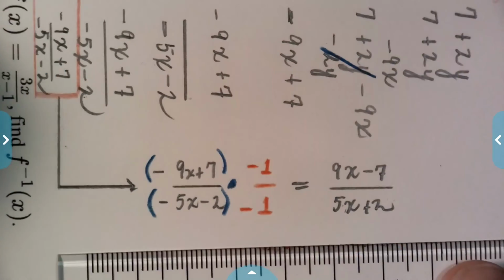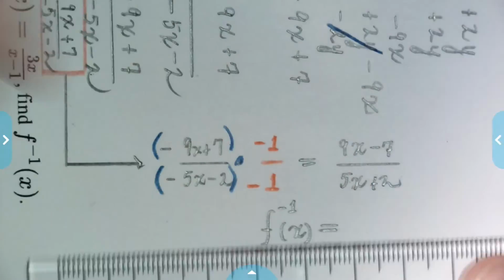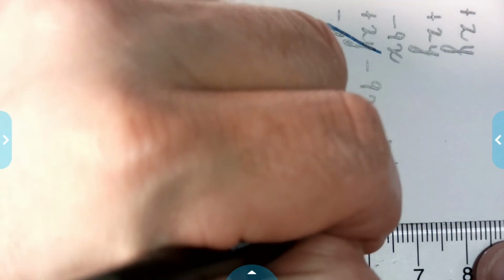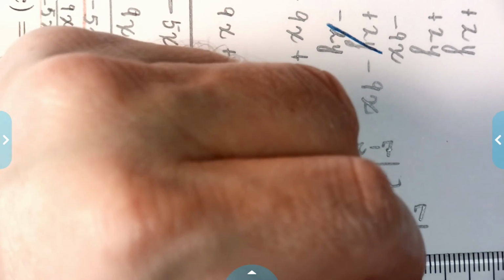So if that's the way they want to see it, then we could write f inverse of x equals 9x minus 7 over 5x plus 2.